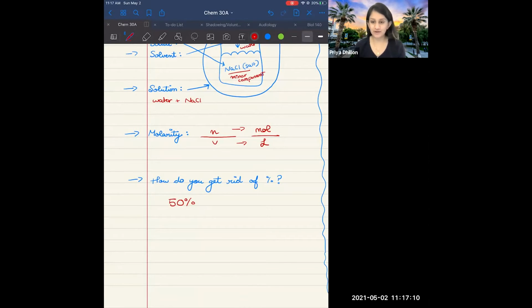Okay, it's okay if you don't know. So basically what you do is you divide it by 100. This is something that you're going to have to do a lot in the word problems. So you just divide that.